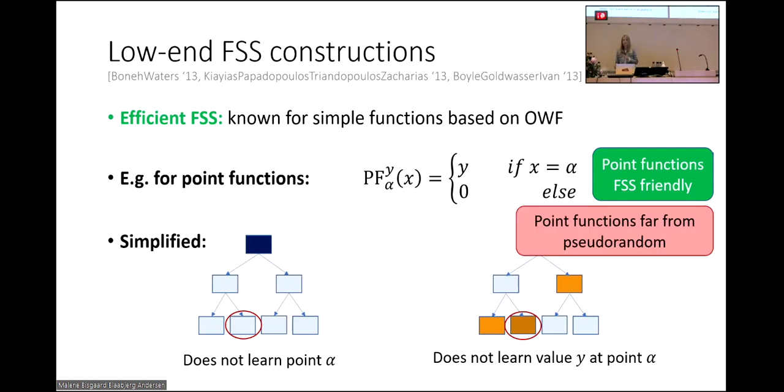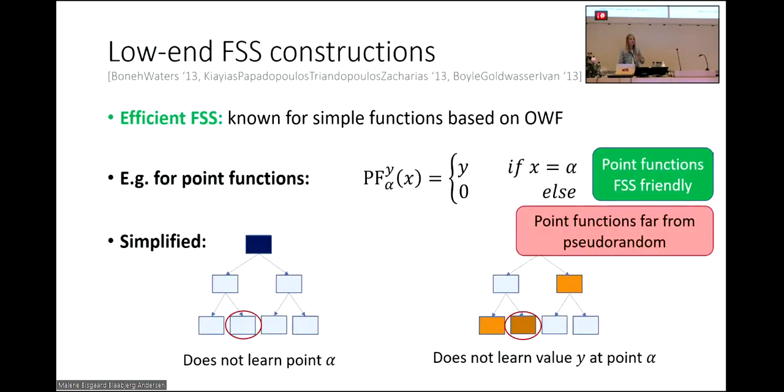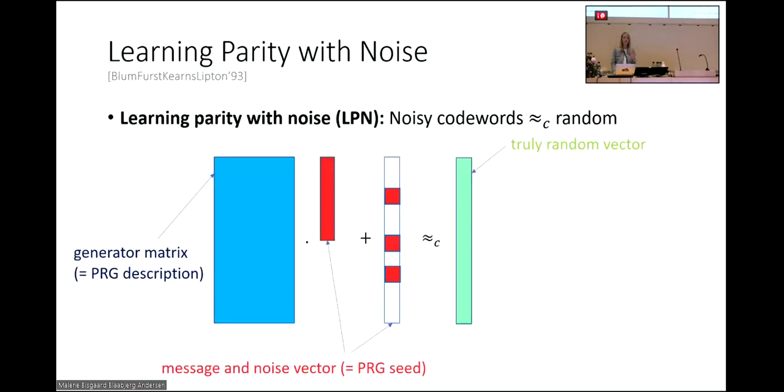On the other hand, point functions are, of course, very far from pseudorandom. If you look at it and you almost always get zero, you will not believe that this is random. But it turns out that with the function secret sharing schemes we have seen so far, linear functions and point functions, that's actually enough to construct a pseudorandom generator.